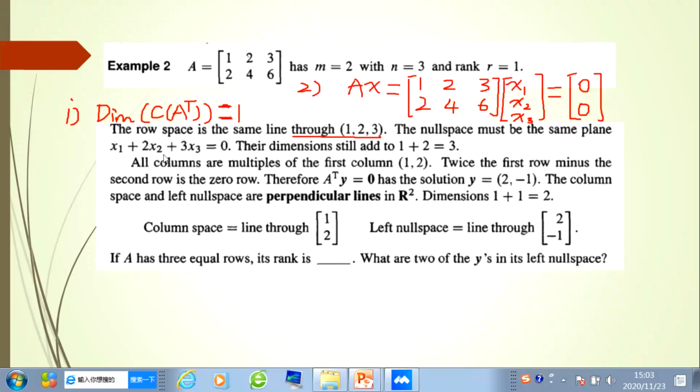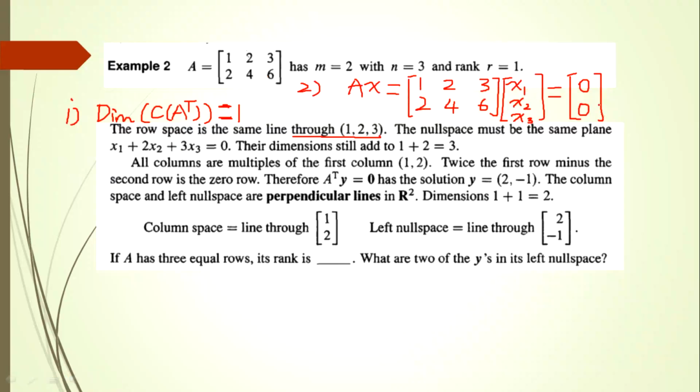So the null space will be a plane in R3. The null space is a plane in R3, so the null space dimension will be n minus r, which is 2. That is the row space and the null space.